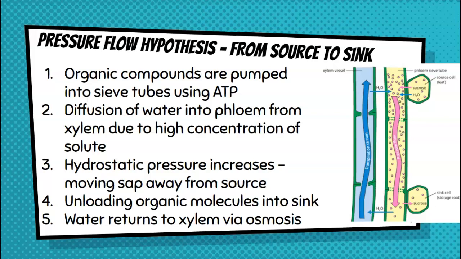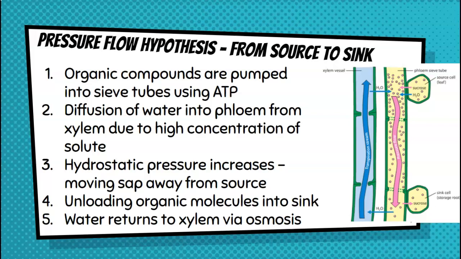So organic compounds, aka the sap, are pumped into sieve tubes using energy. Once that sugary sap is in the sieve tube, the water from the xylem is like, hey, wait a minute, I don't feel like we're on equal ground here. I'm going to do osmosis and diffuse my water from the xylem into the phloem to equal it out.